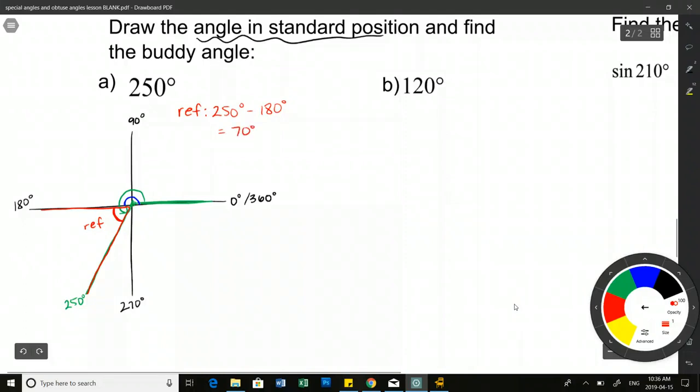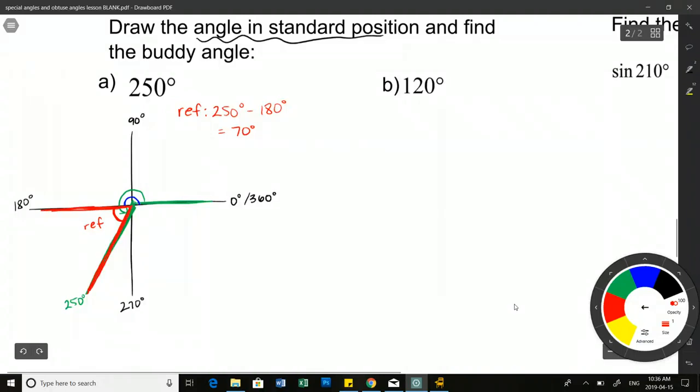Great. Nicole? I'm a bit confused. The terminal arm is what we measured with 250, so it's measuring from 0 to this spot right here. The reference angle is the acute angle that's related to this angle that's greater than 90.